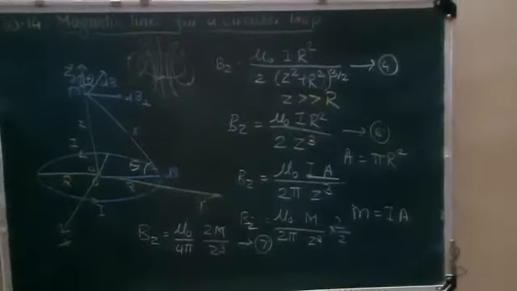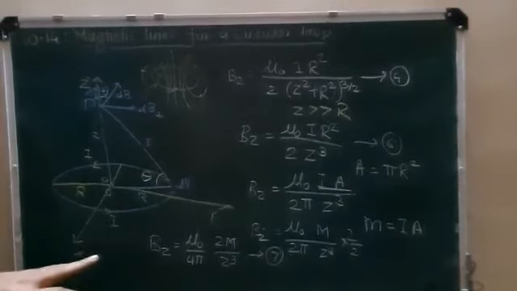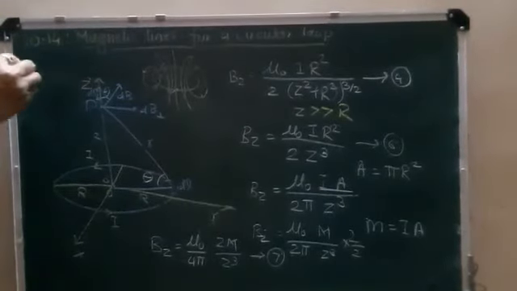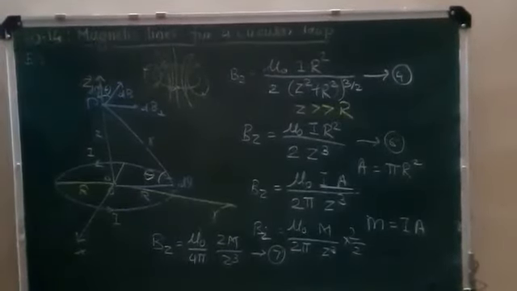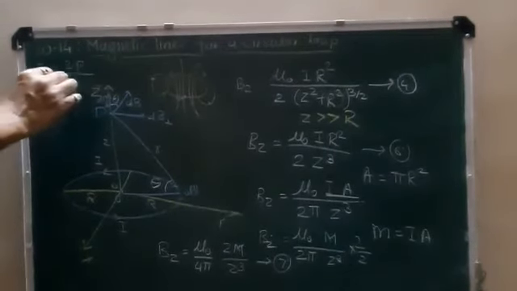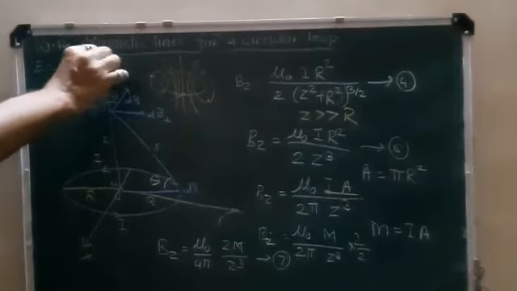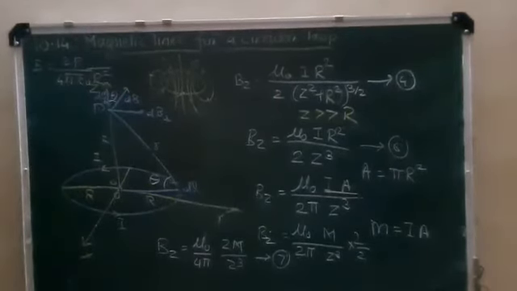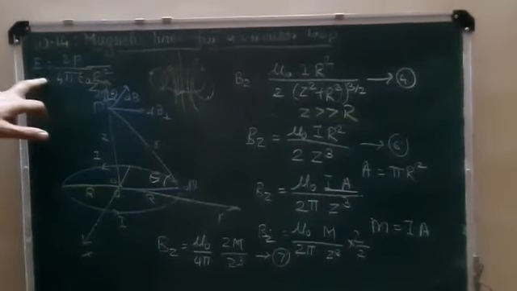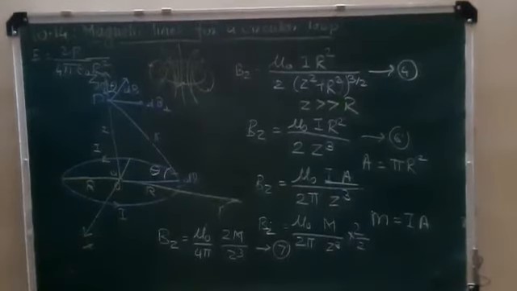At this time, note that this equation is similar to the electric field E is equal to 2p upon 4 pi epsilon naught r cube, which is the electric field at the axial point due to the electric dipole, and this is the magnetic field due to the magnetic dipole.